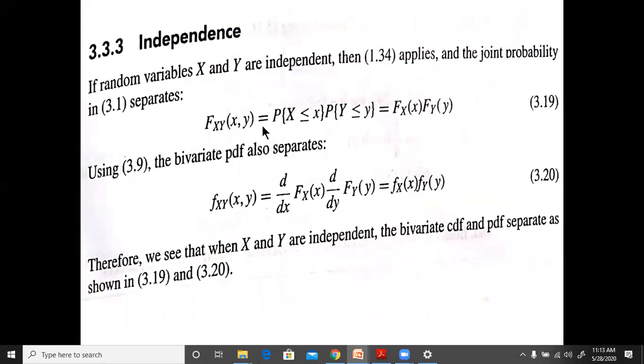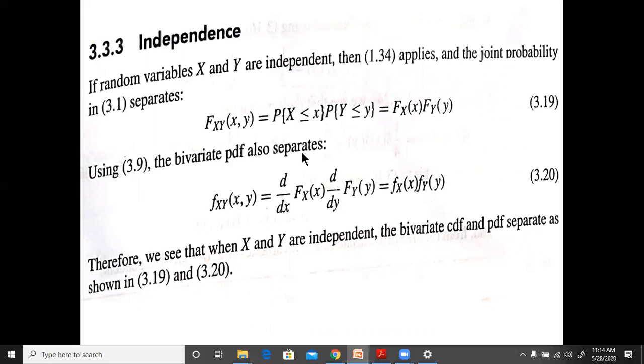So we have separated them out, and this is nothing but F_X(x), and this is nothing but F_Y(y). Independence is the case when the bivariate cumulative distribution function is equal to the multiplication of the individual cumulative distribution functions of each of the variables x and y.